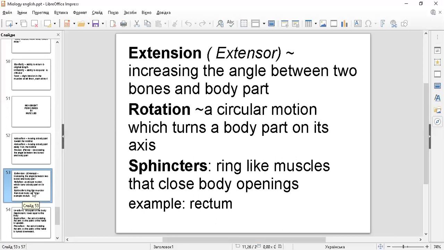Sphincters: ring-like muscles that close body openings. Example: rectum.